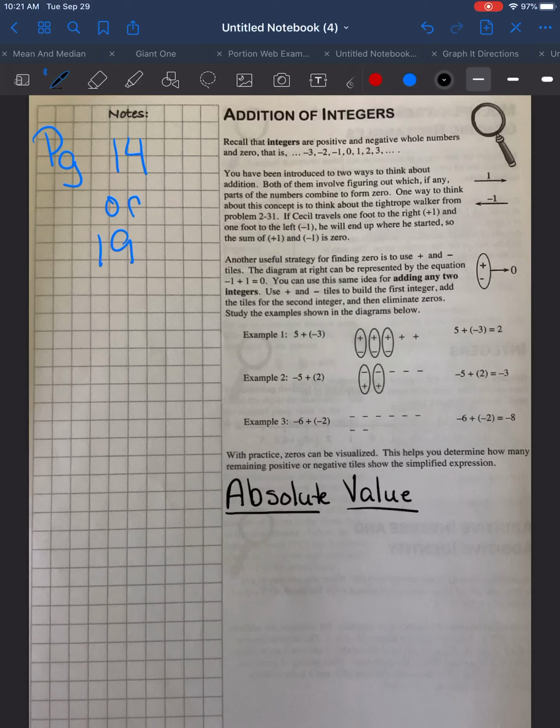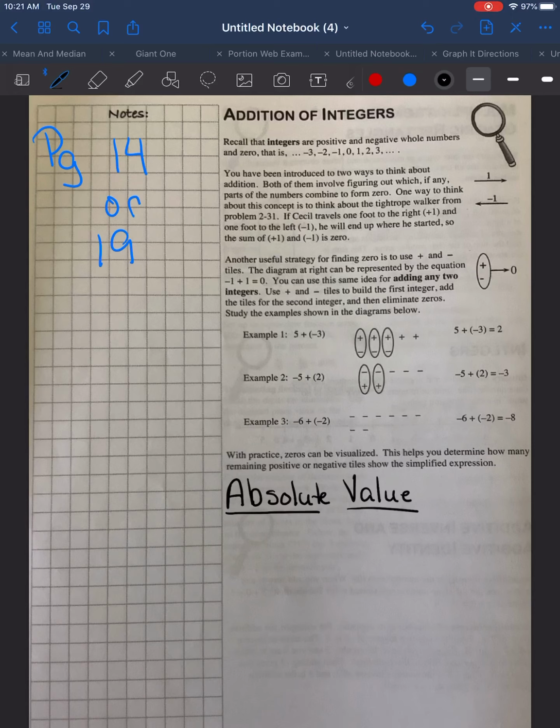I'm going to draw a little number liney thing over here as an example. So, and I probably am going to erase this. 1, 2, 3. -1, -2. Wow, I didn't give myself much space there. -3. Okay, absolute value is represented by these two straight lines, and we put the number or expression in the middle.